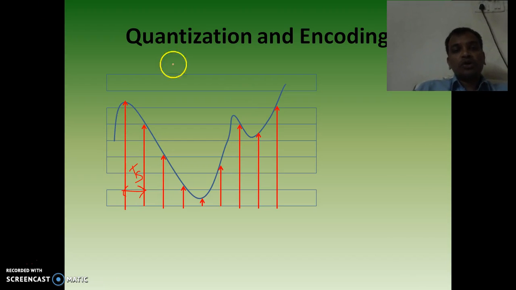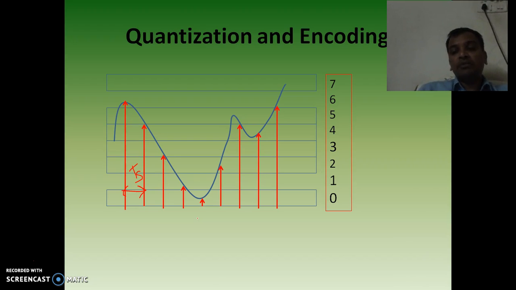The blue color horizontal line represents the continuous signal. The max value of the continuous signal is divided into equal levels, and these levels could be numbered 0 to 7. Let's assume that we are discussing 3-bit PCM, and we are using binary encoding.